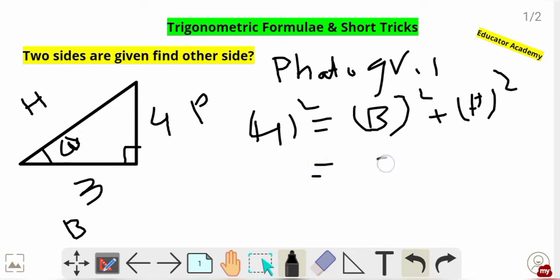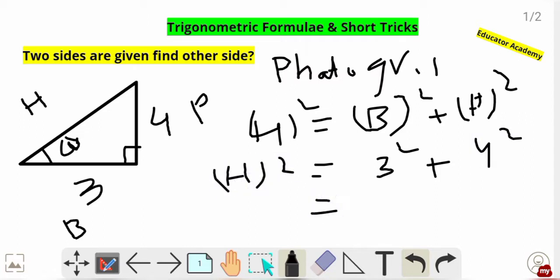The base is given which is 3 square and the perpendicular given is 4 square. So 3 power 2 is 9 plus 4 power 2 is 16, which is equal to 25.